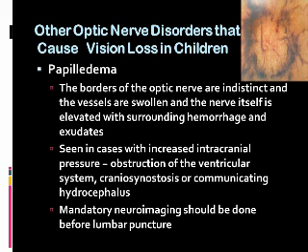It can be seen in cases with increased intracranial pressure, like obstruction of the ventricular system, craniosynostosis, or communicating hydrocephalus. Therefore, mandatory neuroimaging should always be done before doing lumbar puncture.